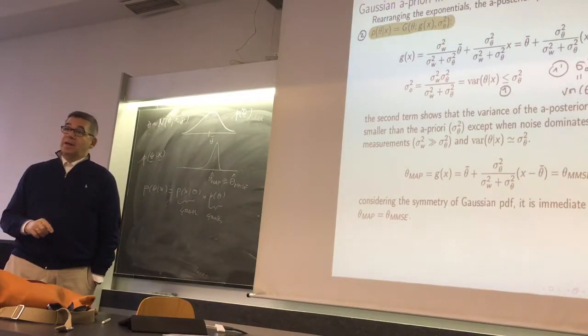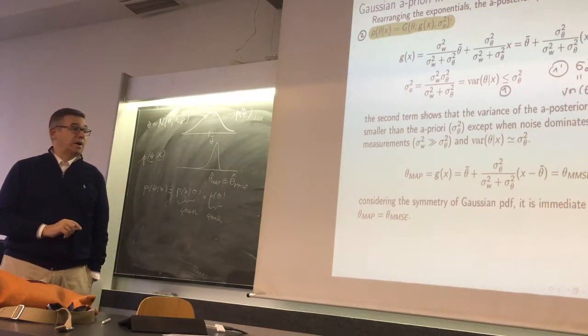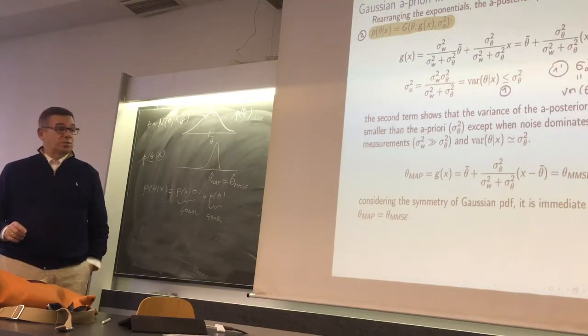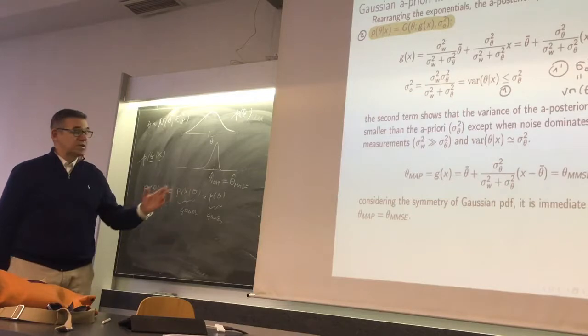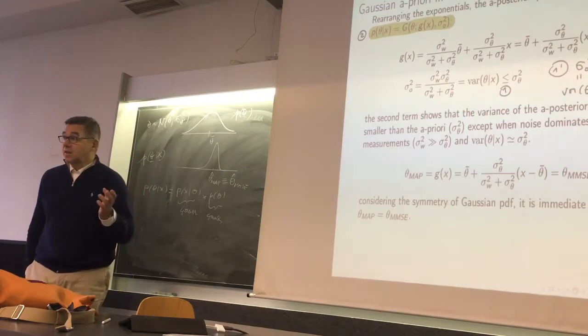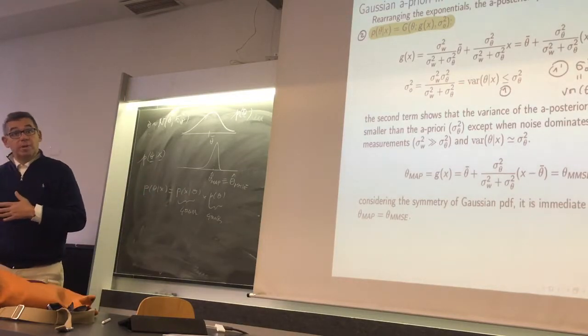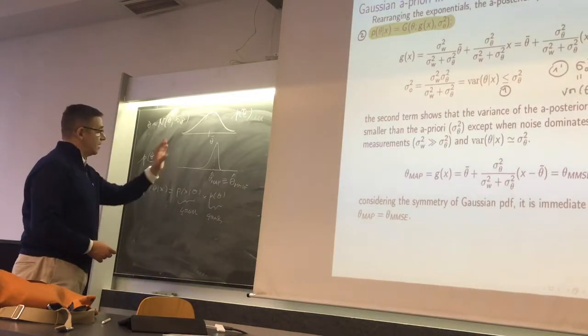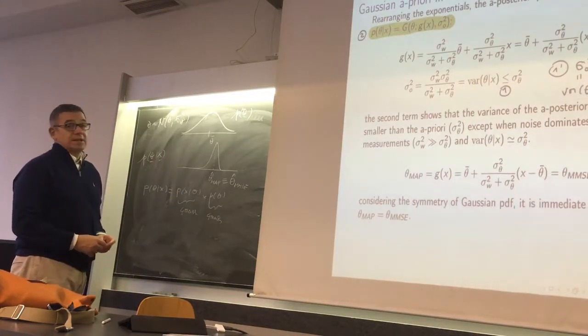So MAP and MMSE coincide in case of Gaussians. So that means that I don't need to get crazy to see if I need to calculate the estimate according to the MAP criteria or the MMSE criteria. Okay, that's another property. So that one is Gaussian.